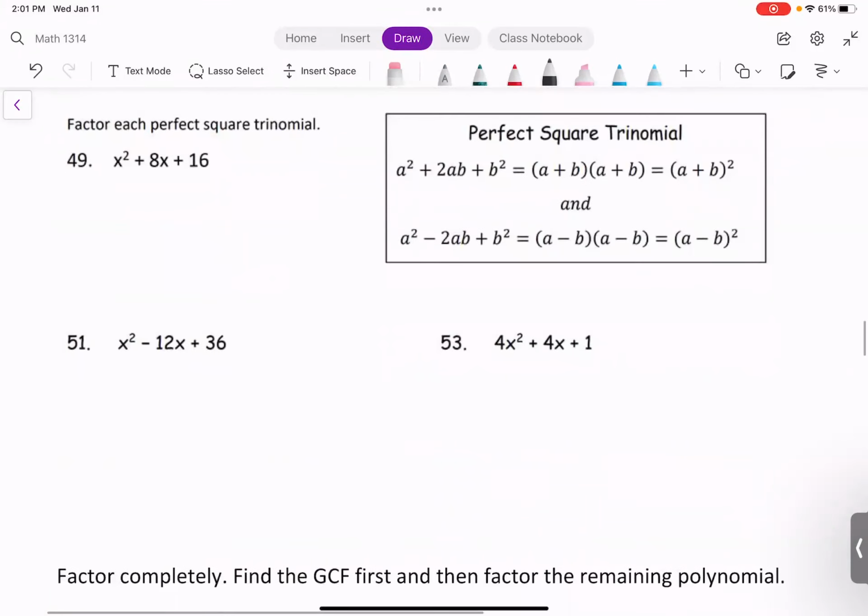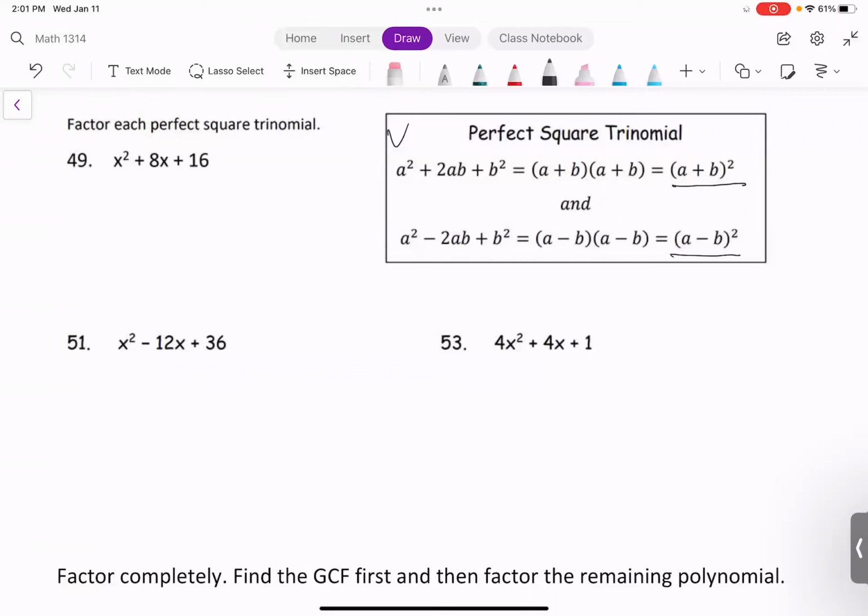Okay, let's see perfect square polynomials. Look at the definition here. If we have a squared plus 2ab plus b squared, you can factor that into a plus b squared. If we have a squared minus 2ab plus b squared, you will have a minus b squared.